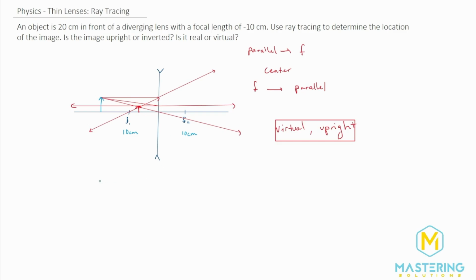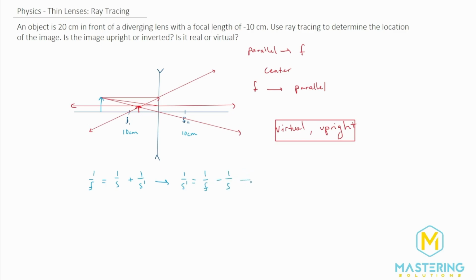We're going to use the thin lens equation, of course: 1 over f is equal to 1 over the object distance plus 1 over the image distance. We're trying to solve for the image distance, so 1 over the image distance is equal to 1 over the focal length minus 1 over the object distance.